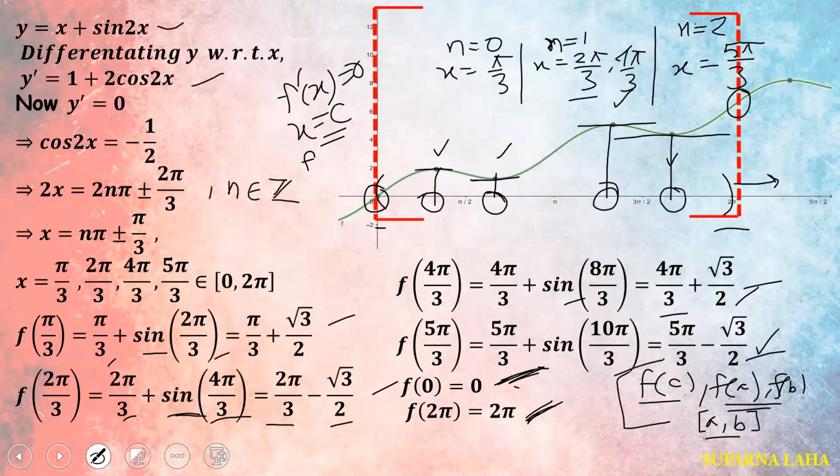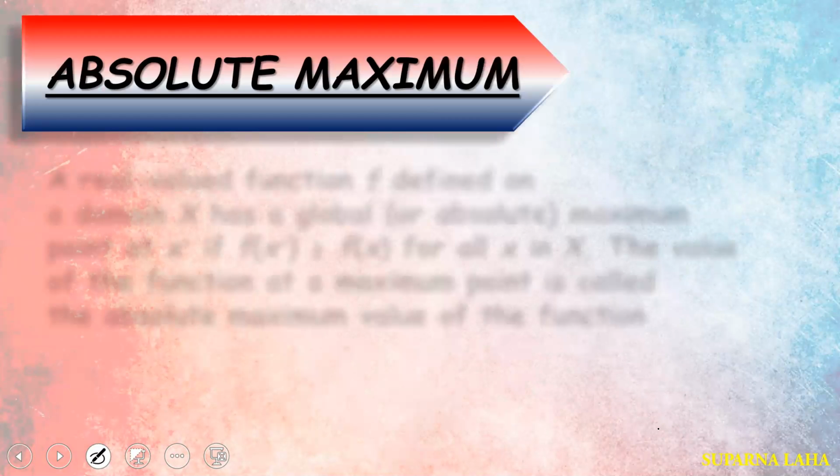So this is our working rule for finding the absolute maximum value and absolute minimum value. Now let's check the definition. Absolute maximum value.